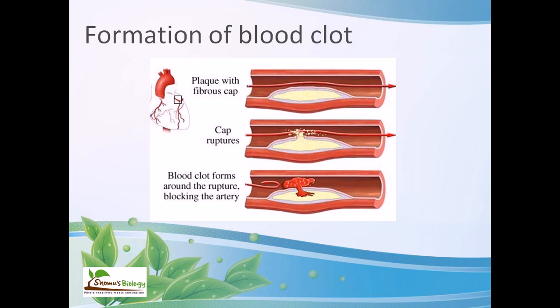Once fibrous caps build up and make the artery narrower and narrower, rupture of this cap will lead to the release of red blood cells onto this place, and those red blood cells start to clog the artery so that it will block the artery. So blood flow is not possible, blood will flow back, and it will create immense pressure in your coronary artery, and finally it will lead to rupture of the coronary artery. So this is the dangerous scenario once the blood starts to clot.